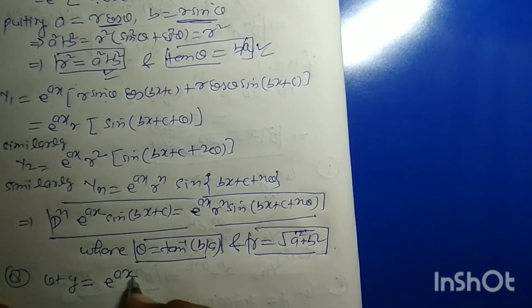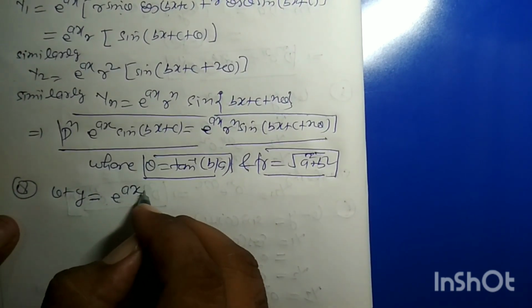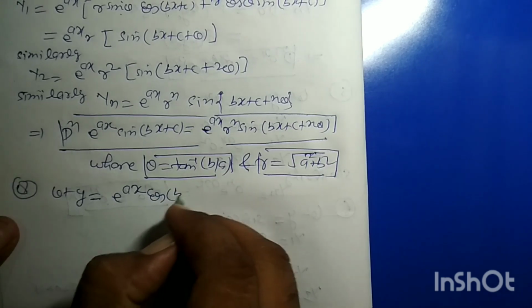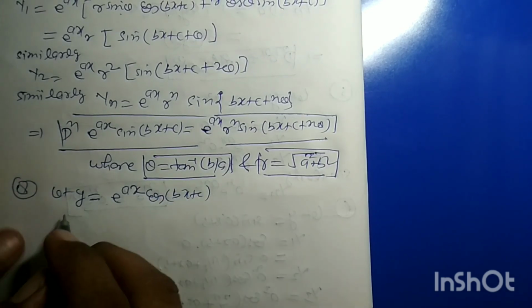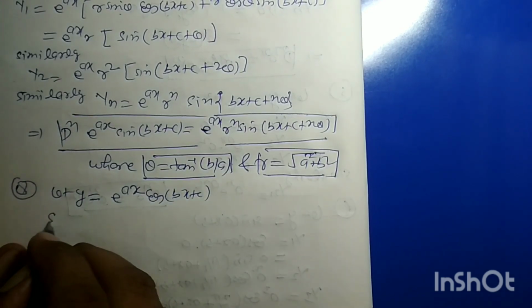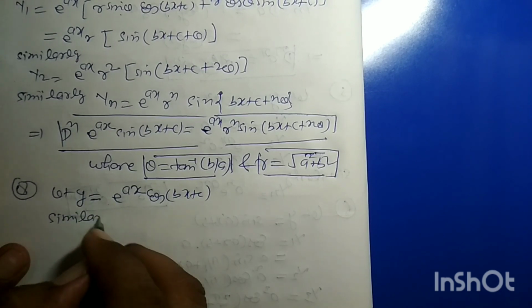e^(ax) cos(bx+c). So similarly we can write the other derivative.